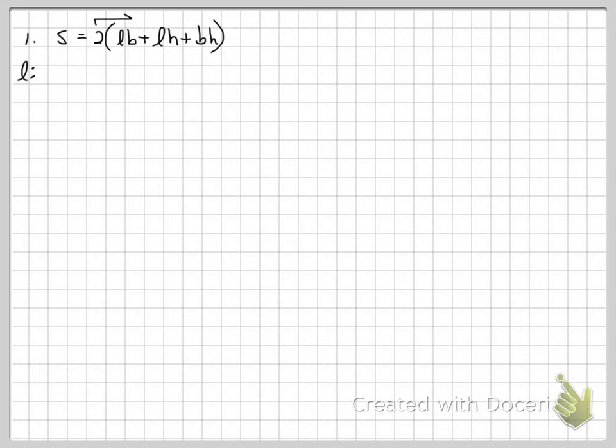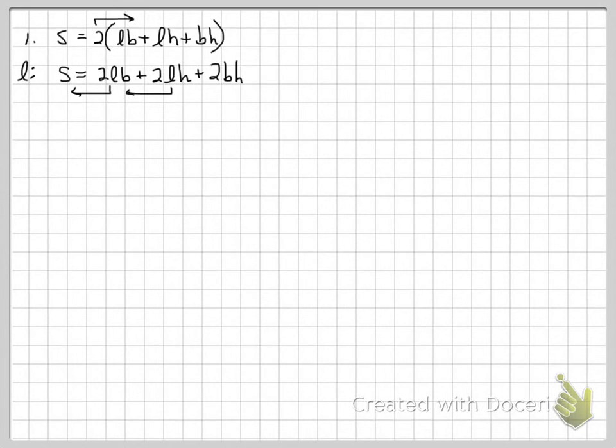So if I go ahead and distribute, this will probably be the most efficient way to do it. There are always some choices for us, but we'll do 2LB plus 2LH plus 2BH. Now, if I'm solving for L, everything with the L would go on the left side of the equation.